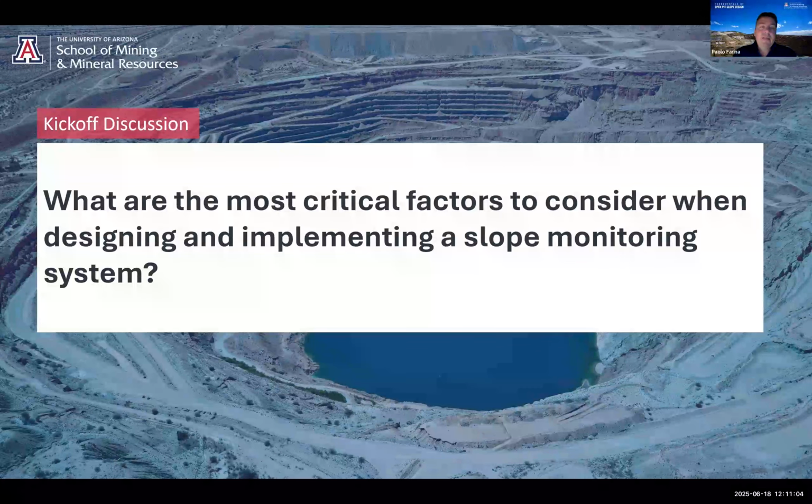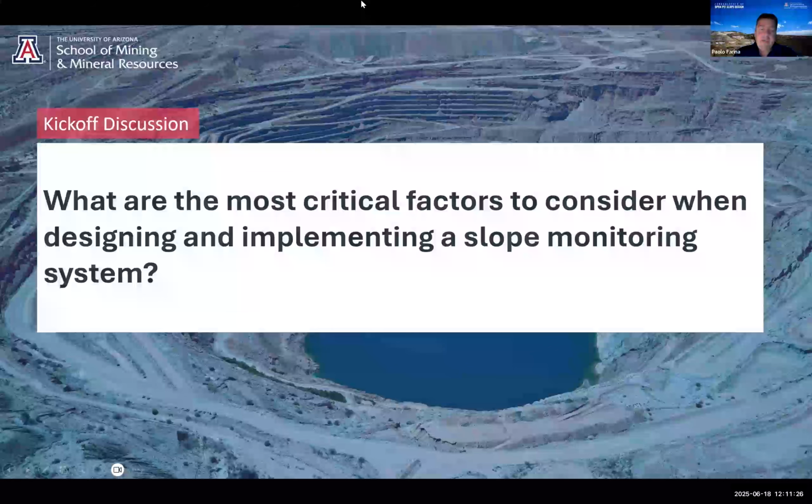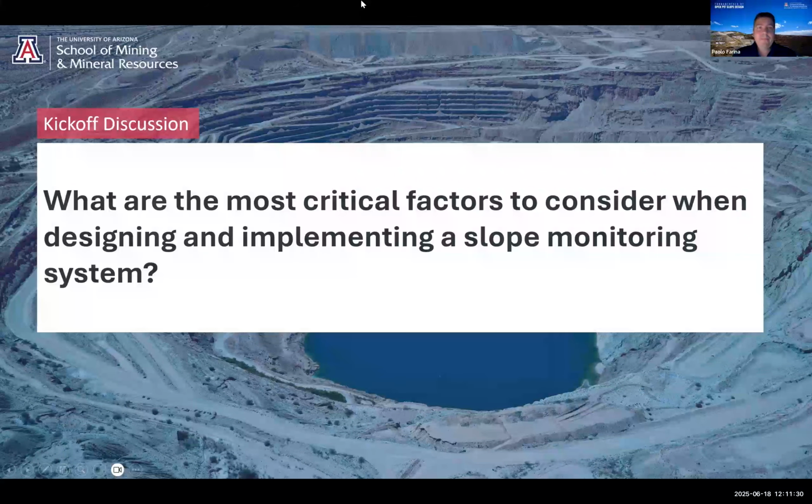And this is probably the most challenging part: trying to figure out how to optimize the different monitoring technologies that we have available on the market today. Of course, looking at the available budget, but also at the same time trying to address the needs of the monitoring system we have to develop.